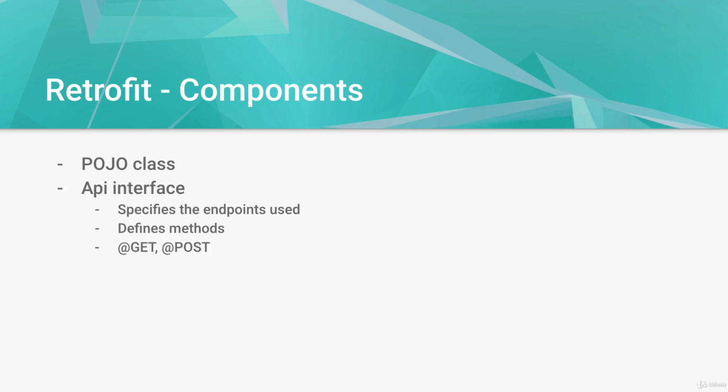The next thing we need is an interface. The interface specifies the endpoints that we're going to use. It tells the system where to find the data. It also defines the methods that we're going to need with their associated parameters. So we will specify what we need as parameters to the URL query in order to retrieve the correct information.